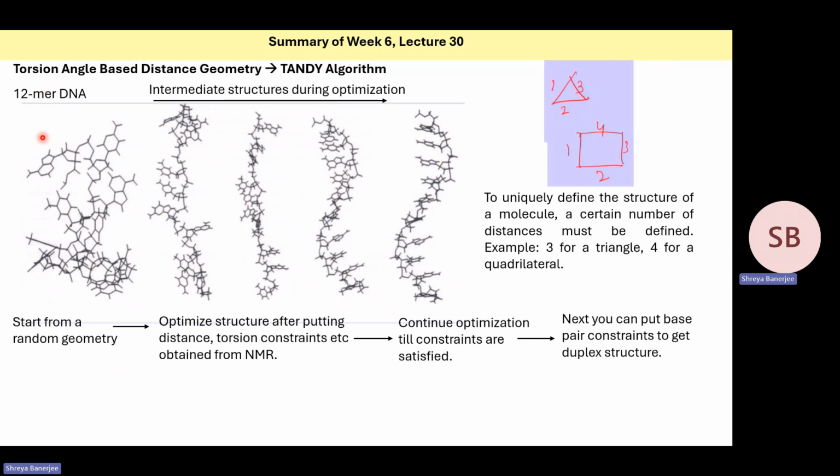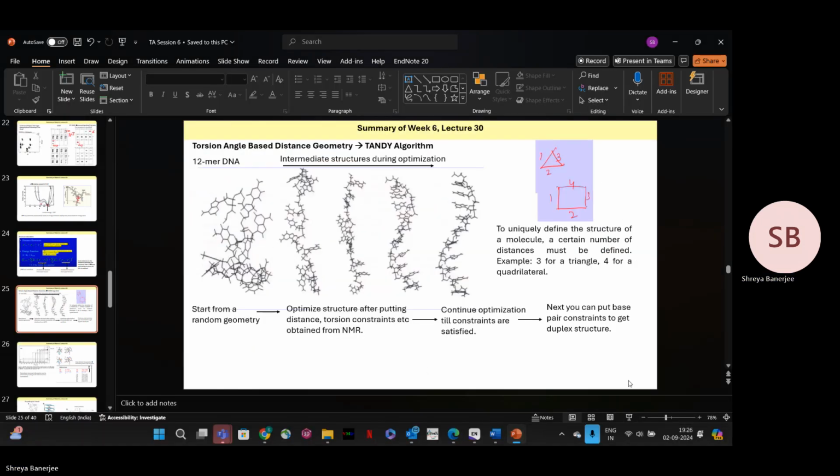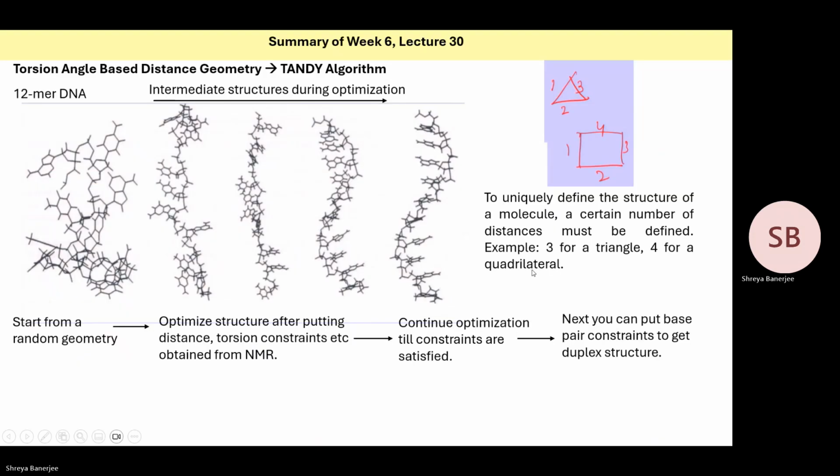So an example is shown here where you are starting. Before I go into that, a very common concept is that for any structure, to uniquely define the structure, there are a certain number of distances that you have to define.